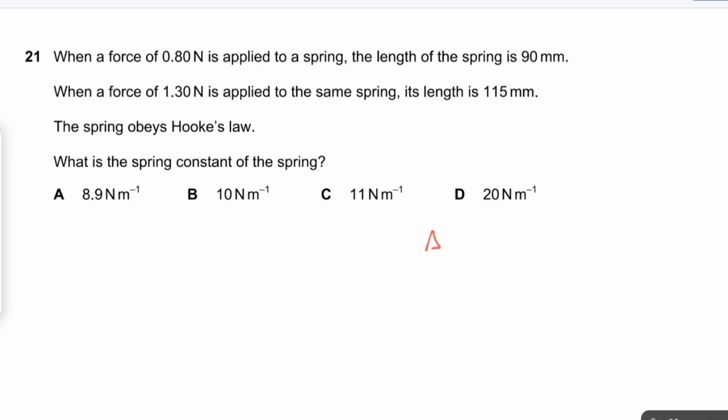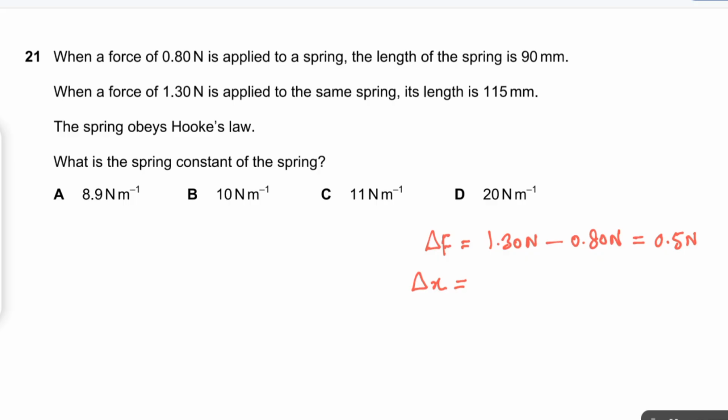First of all, we will find the change of force. Next time he applied 1.30 Newton, and the first time he applied 0.80 Newton. So how much is the change? That is 0.5 Newton. Now we will find the change of extension. Extension is denoted by x.